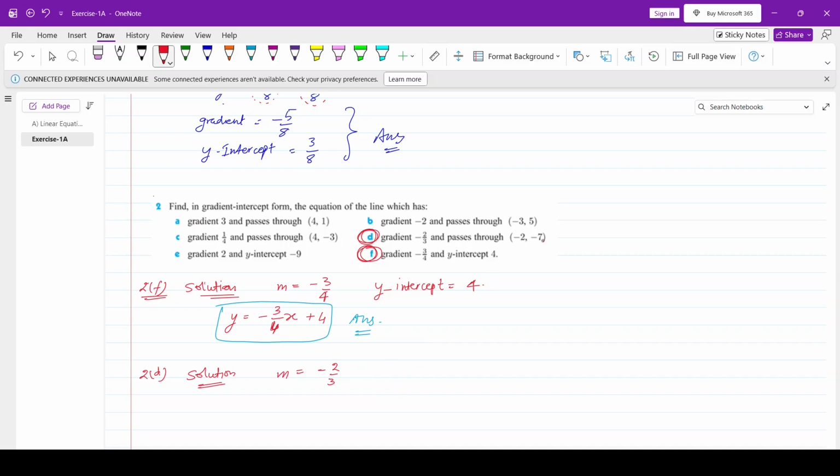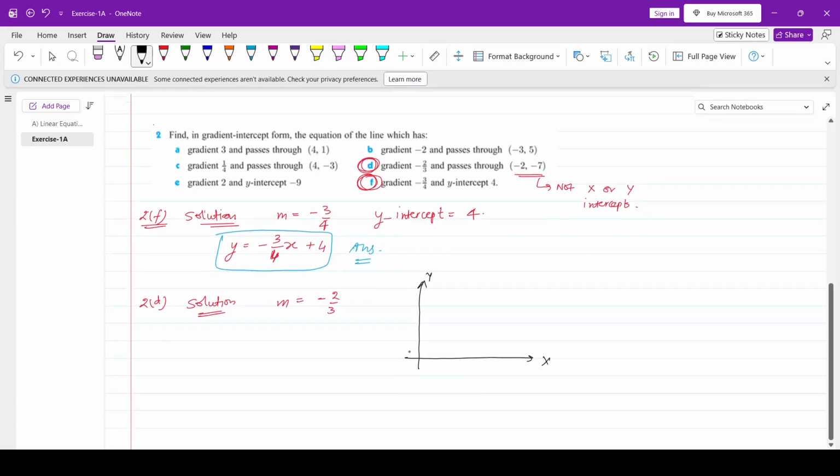Now here, this is not a y-intercept. This is not an x or y intercept. What this is telling us is, let's suppose we have x and y axes, and we have a point (-2, -7).